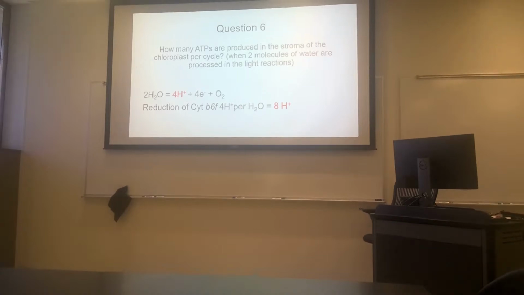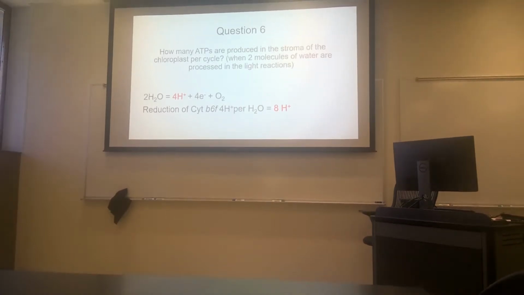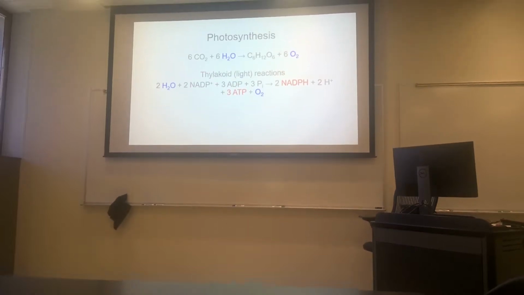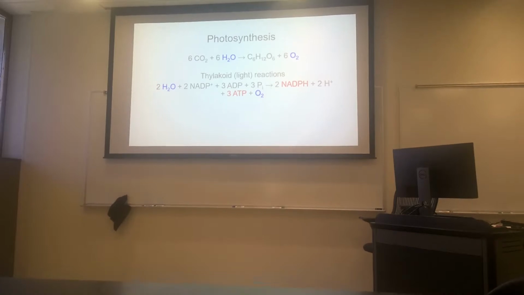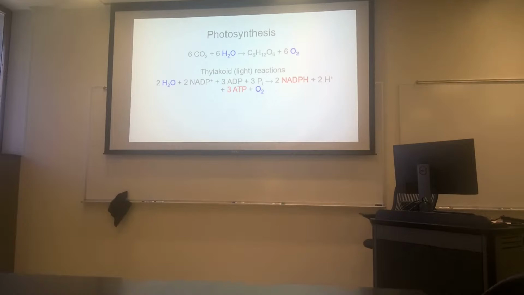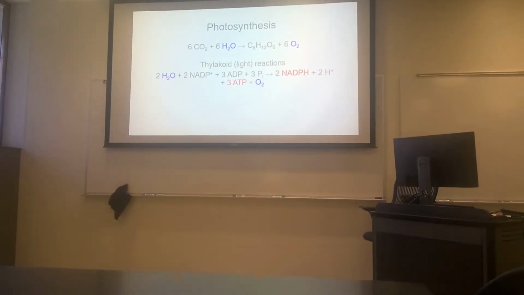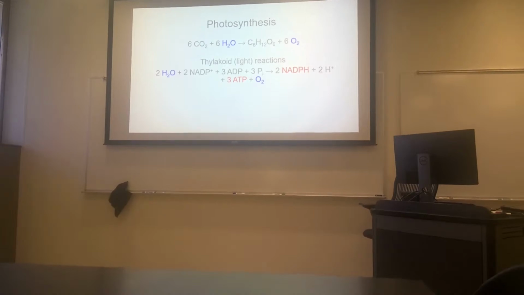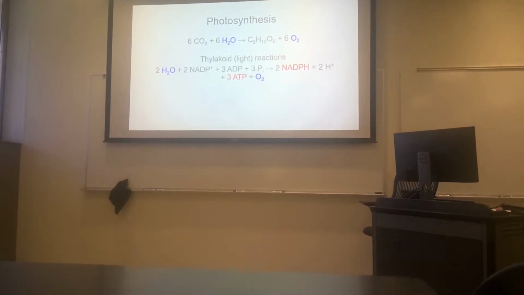And overall, why was I making you count this? Because when you look at the chemical reactions of photosynthesis, you can see the 2 molecules of water, so now you know how that's related. And every time you do this, you release one oxygen. So 2 molecules of water gives 1 molecule of oxygen.